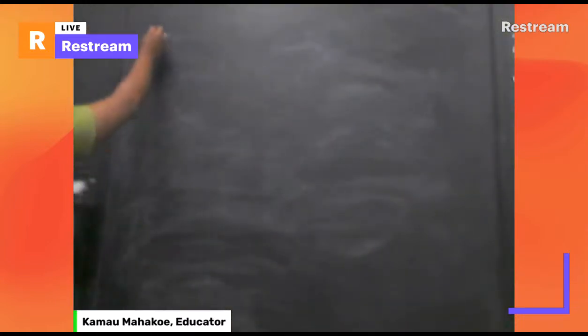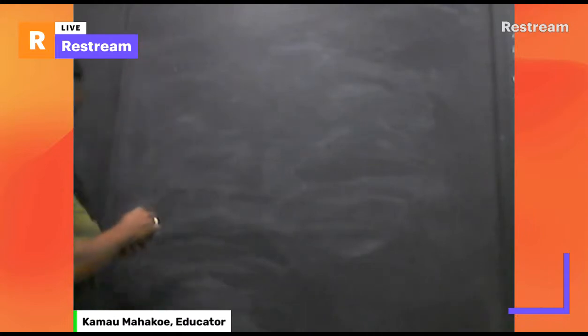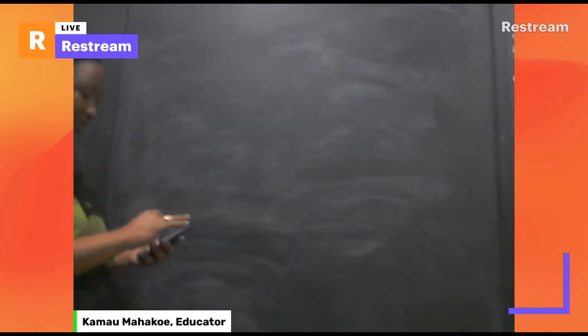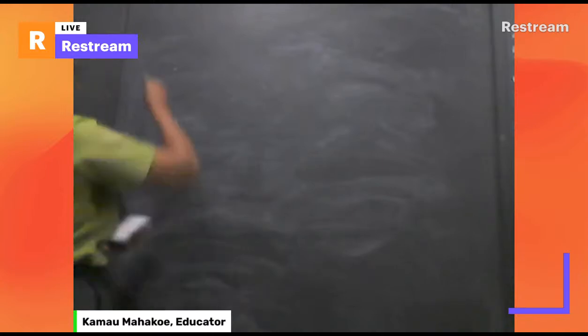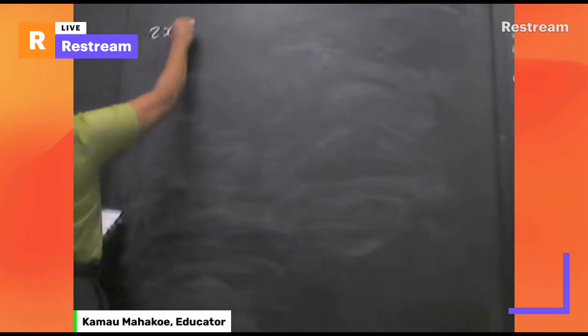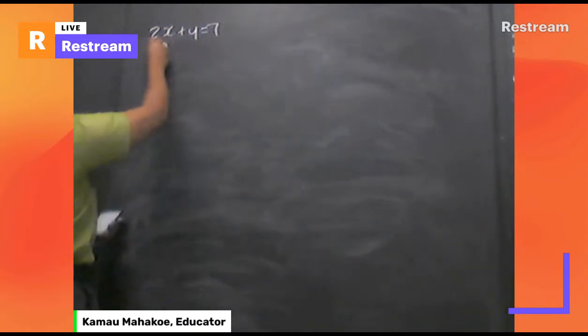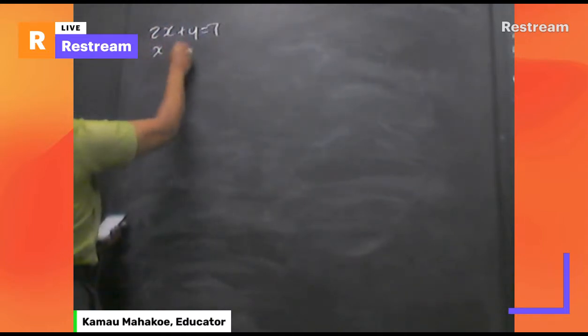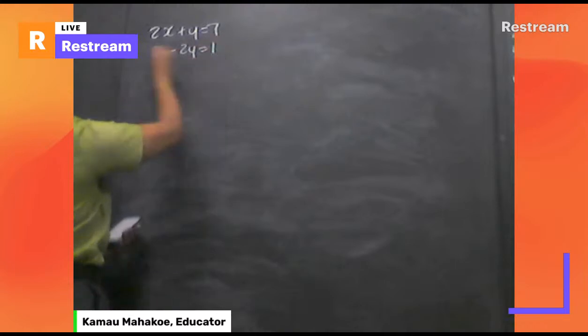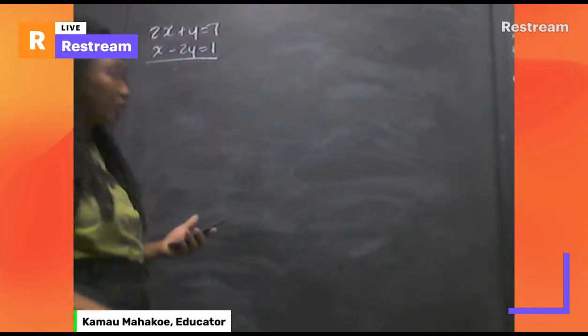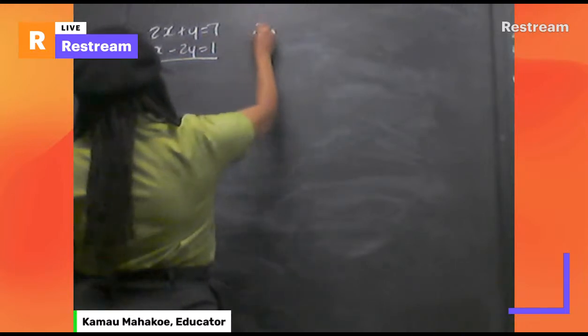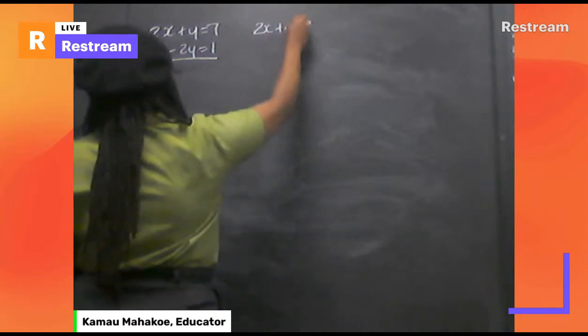So we have 2x plus y equals 7 and x minus 2y equals 1. So I'm just going to rewrite that because I'm going to work it using the other method.